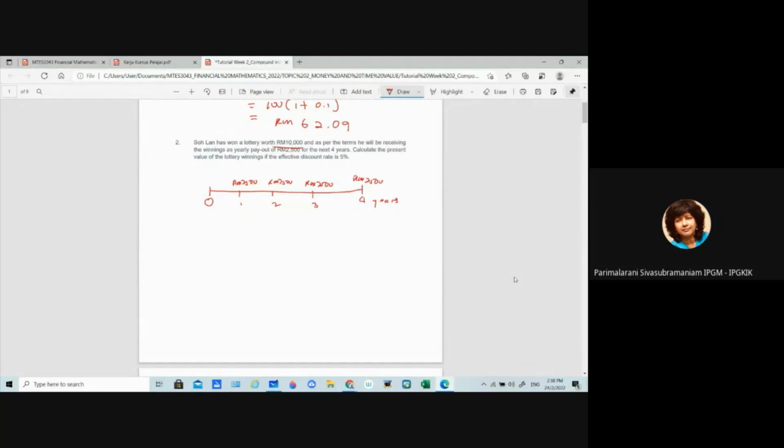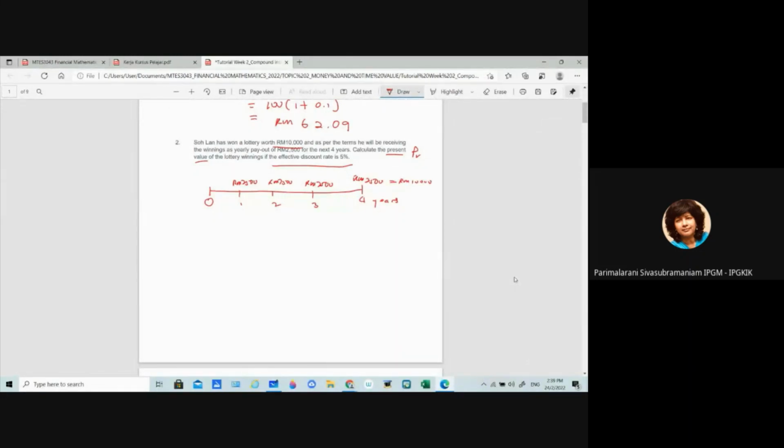Okay. Calculate the present value. You want to calculate the present value of the lottery winnings if the effective discount rate is 5%. Effective discount rate means the discount for the year. So we are going to find the present value. If you add all this 2,500 together, this will give you a total of 10,000.